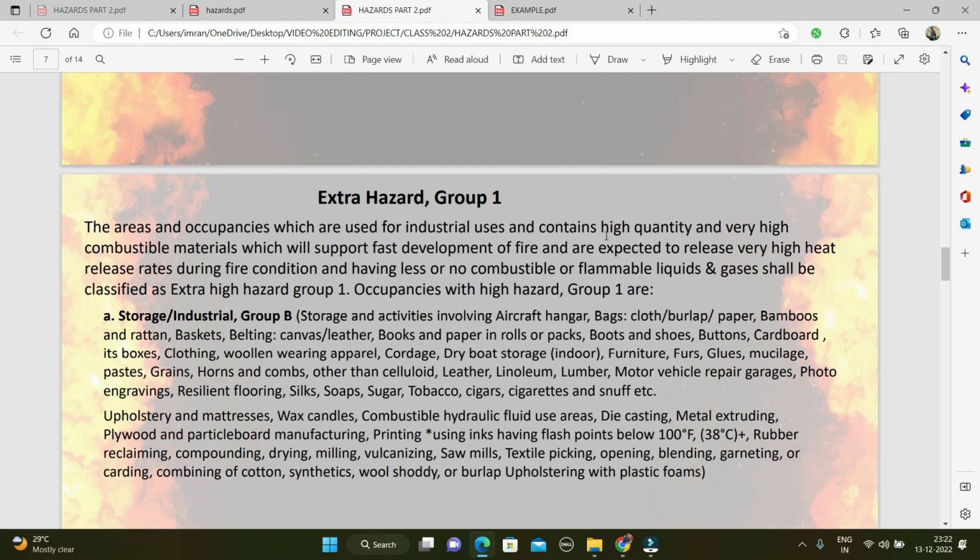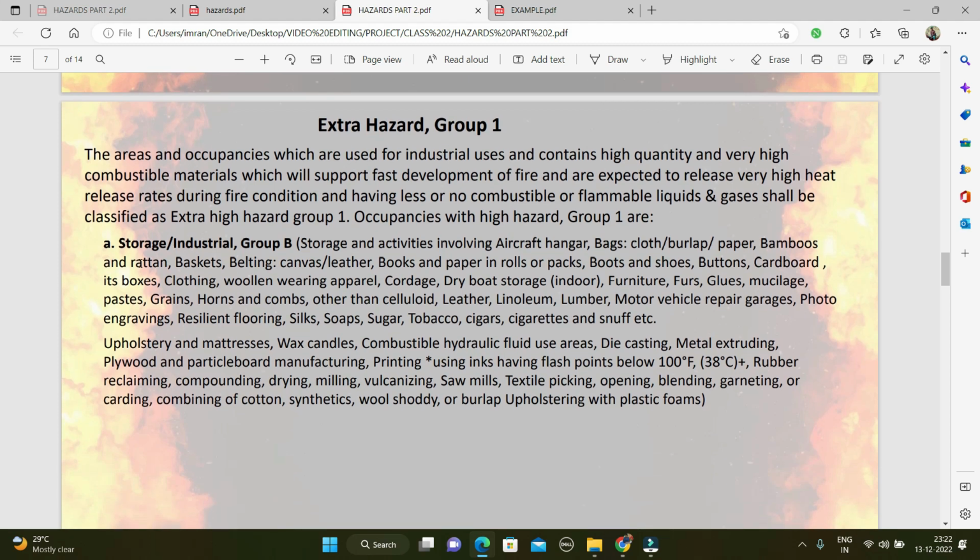It means simply you can say where a high quantity and very high combustible material have been stored already, that area we will consider as extra hazard group 1.